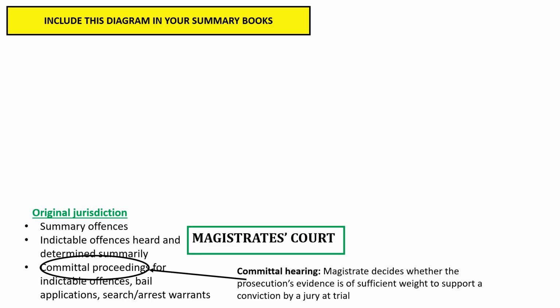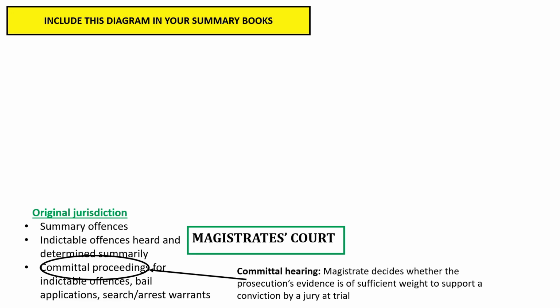Now, the mere fact that the Magistrates' Court hears committal proceedings for indictable offences does not mean that the Magistrates' Court has original jurisdiction to hear indictable offences. It does not. The only courts that have original jurisdiction to hear indictable offences are the County Court and the Trial Division of the Supreme Court.